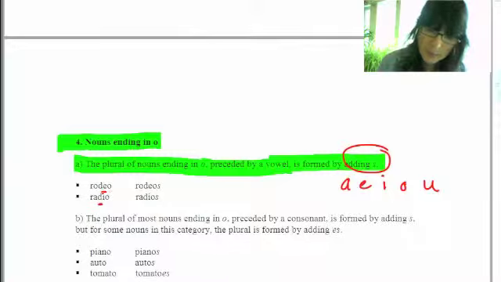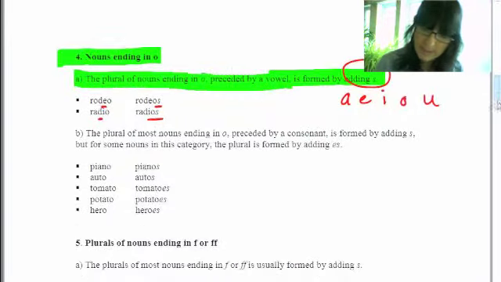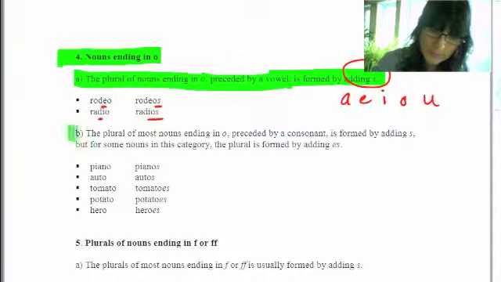So rodeo ends in an O, there's a vowel before the O, so you just add an S. Radio is the same, ends in an O, there's a vowel, which is an I before the O, so you just take the word radio and you just add the S. But let's look at it a little further.